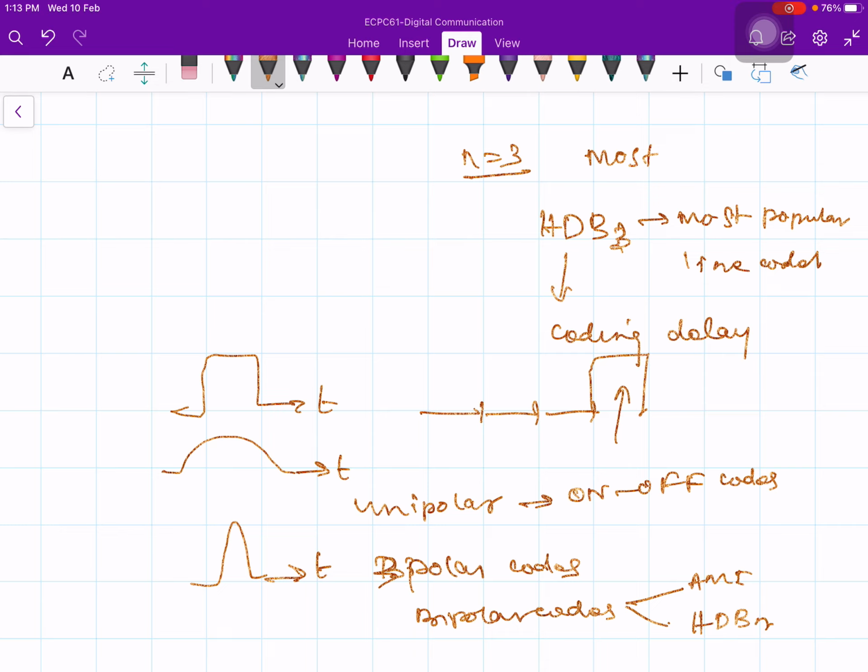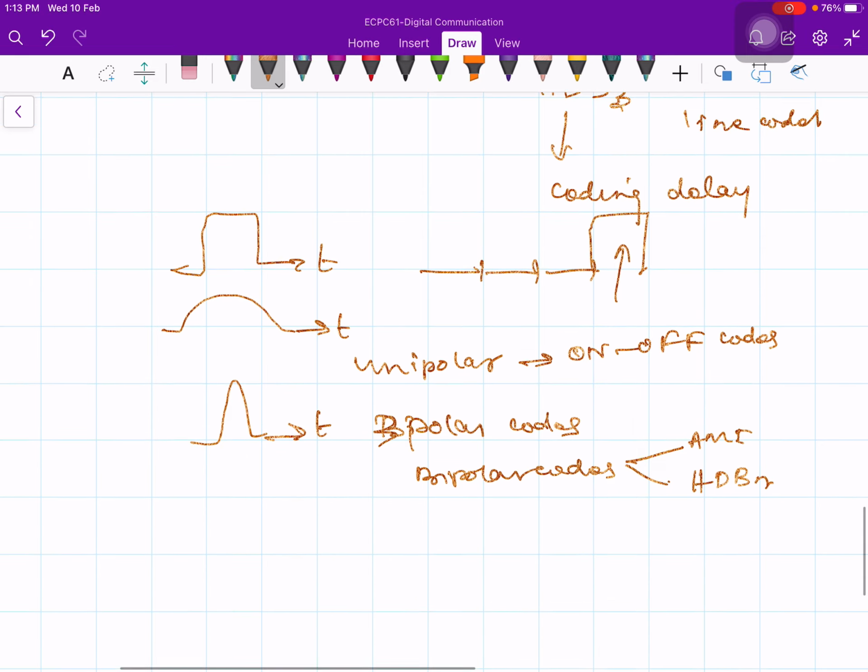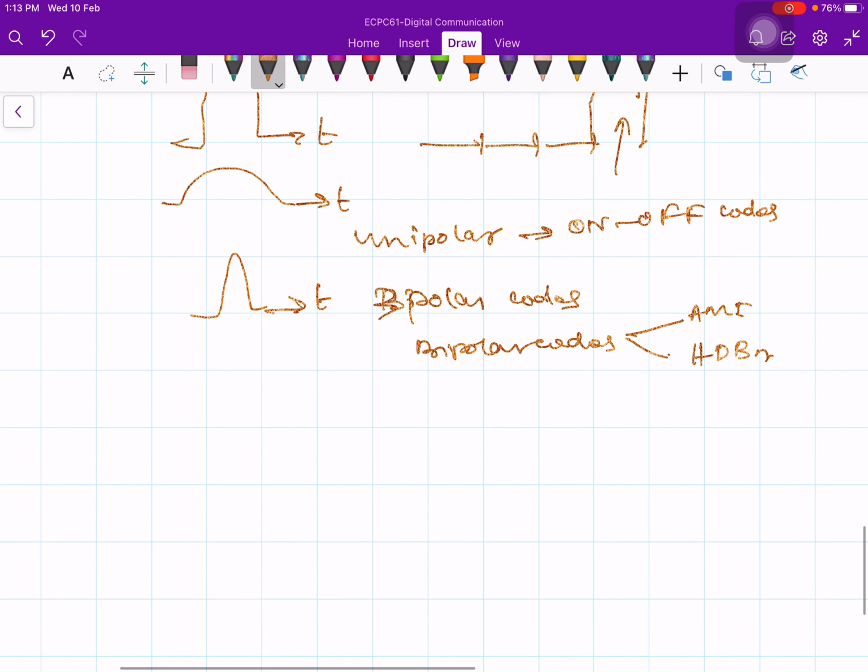So we will spend some time doing some maths, looking at the power spectrum of such line coded signals. All line codes are special cases of a pulse train like this. I will discuss these things in the next lecture, but let me give an outline.